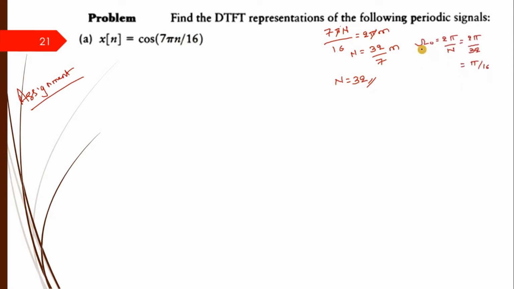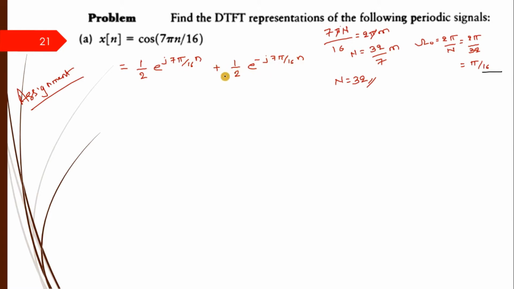With this we can find omega naught, the fundamental frequency, 2 pi by N. So you get it as 2 pi by 32, that is pi by 16. You know that by Euler's theory we can represent the trigonometric cosine function as 1 by 2 e raised to j 7 pi by 16 n plus 1 by 2 e raised to minus j 7 pi by 16 n. It is Euler's formula you already are aware of.